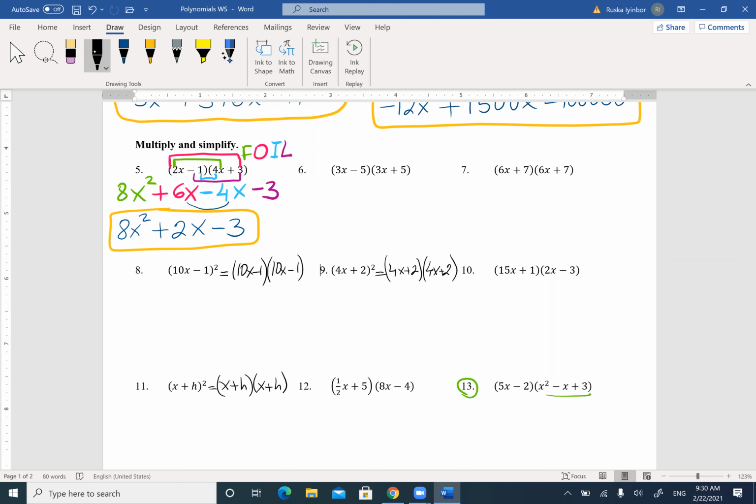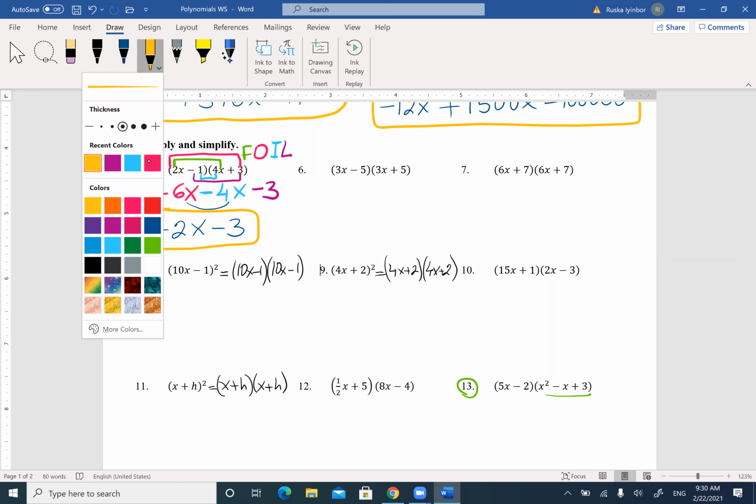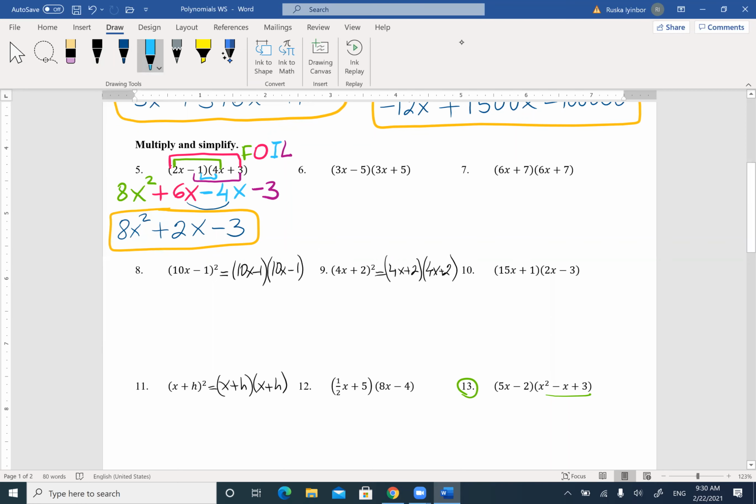Okay, I'm going to show you the second method, which is distributing. So how do you distribute? What you're doing here, in the distribution method, is multiplying 3x by everything, and that's going to be 3x by 3x plus 5.